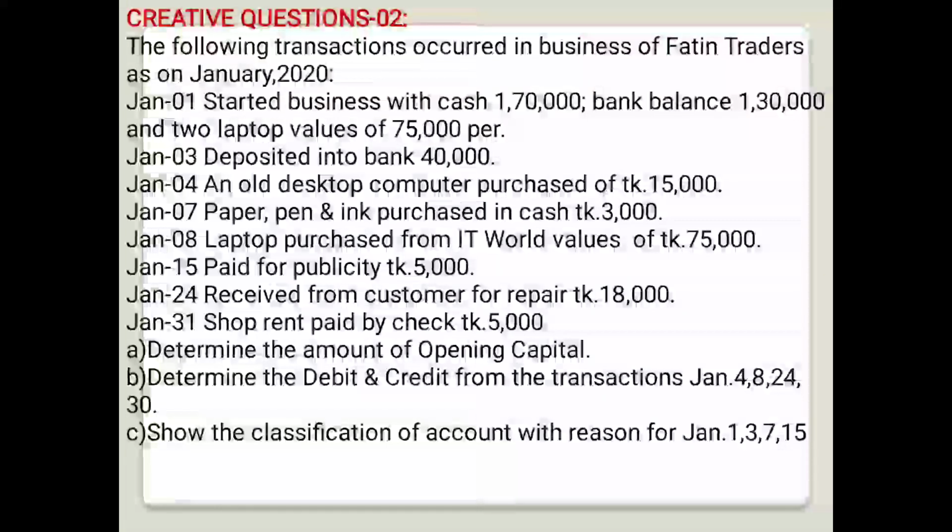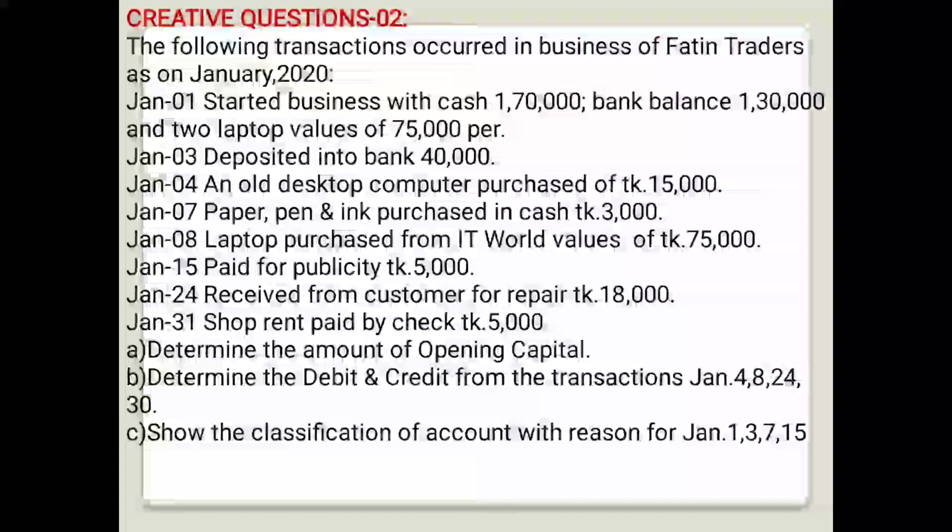Requirement C, show the classification of accounts with reason for January 1, 3, 7 and 15. Again, I am saying that the classification of accounts will be discussed for the overall questions.